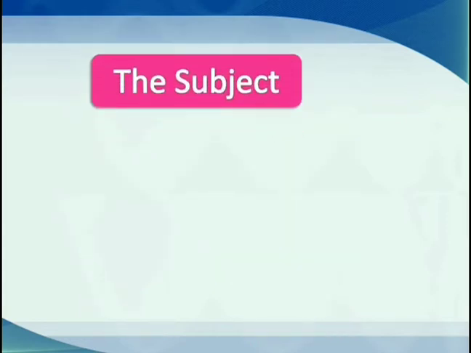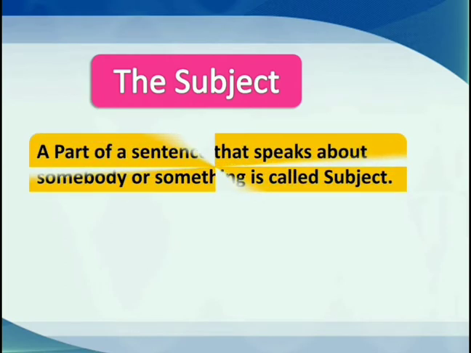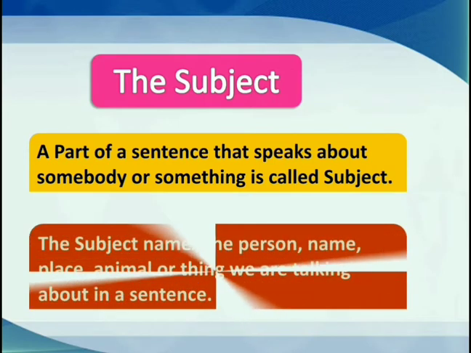Now, students, when I say the subject, here the subject is a part of a sentence that speaks about somebody or something. That is, as in the previous examples, the horse ran in the field, the cat is drinking milk. Over there, we were talking about the one which was doing something, and that is called the subject.